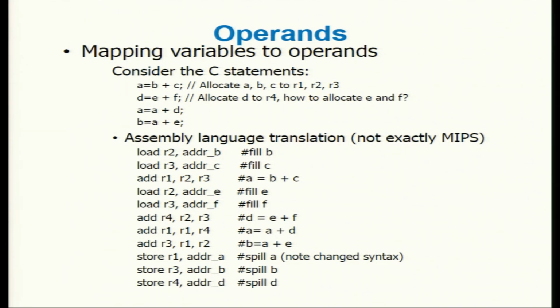And fill F into R3. And then I can compile D equal to E plus F. I have decided to put D in R4, so that's this one. And then I can do the rest. I have D in R4, A in R1, so I can generate the new value of A here, R1, R1, R4. And I have A in R1 and E in R2, so I can generate the new value of B, which is R3, R1, R2.